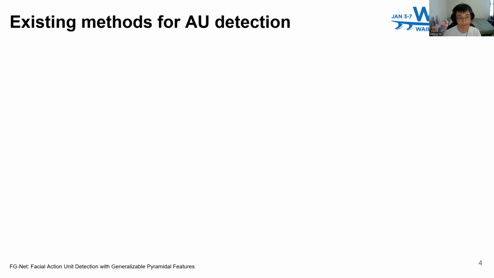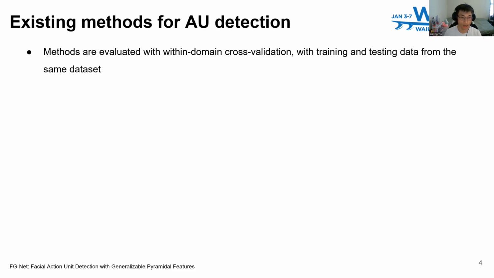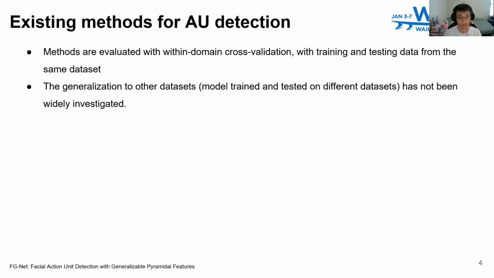As for existing methods for facial action unit detection, these methods are usually evaluated with within-domain cross-validation, which means they are trained and tested on the same dataset. While the generalization ability to other datasets, for example, where the model is trained and tested on different datasets, has not been widely investigated.